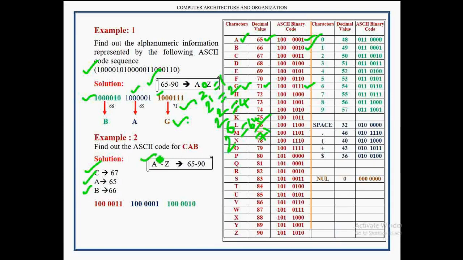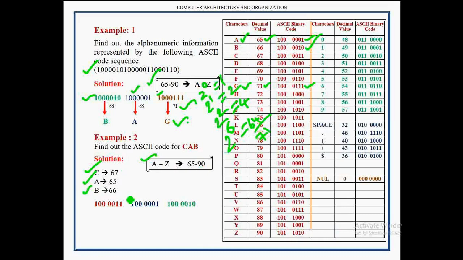We know that for uppercase alphabets, the decimal values equivalent to the ASCII code are 65 to 90. Since C is the third letter in the alphabet sequence, let's take the third decimal value, that is 67. Similarly, since A is the first alphabet, let's take the first decimal value in the sequence. Similarly, since B is the second alphabet, let's take the second value in the sequence.